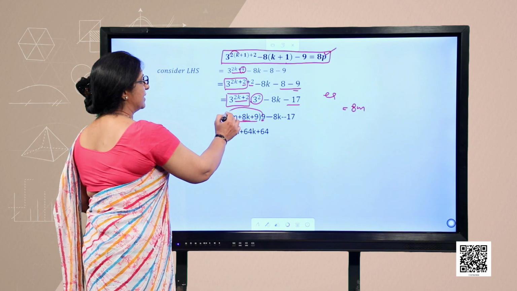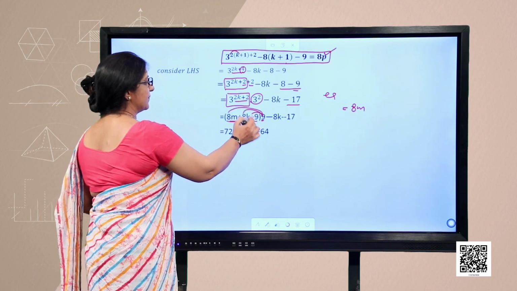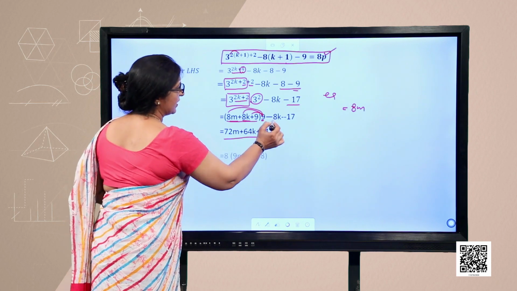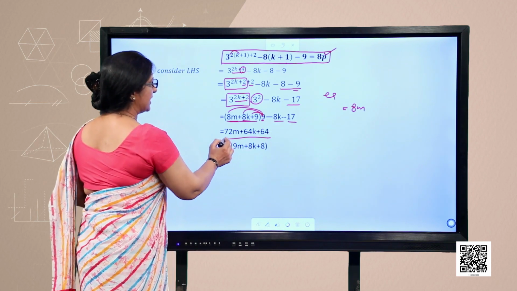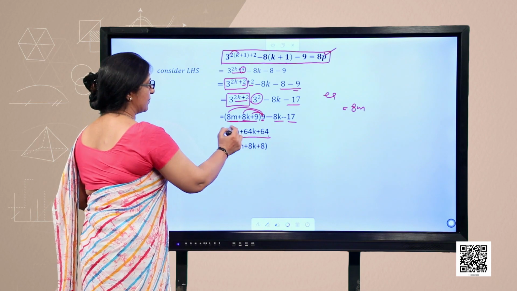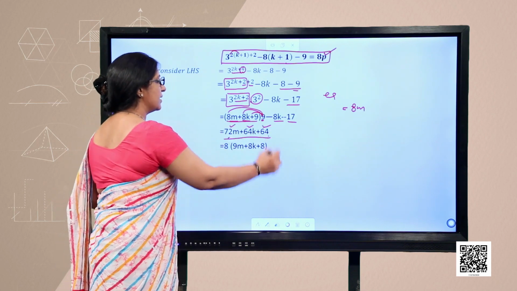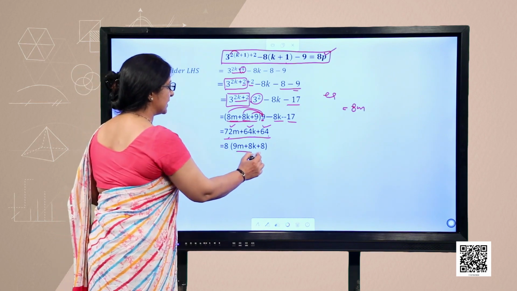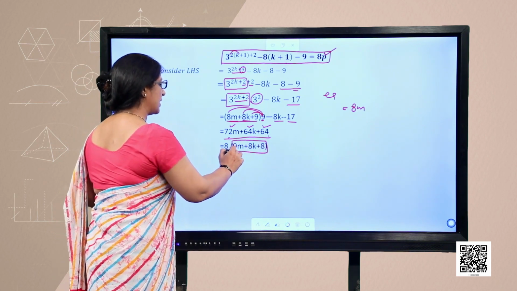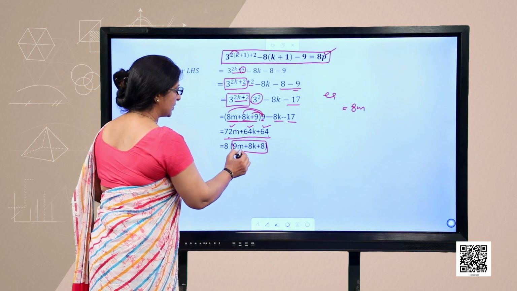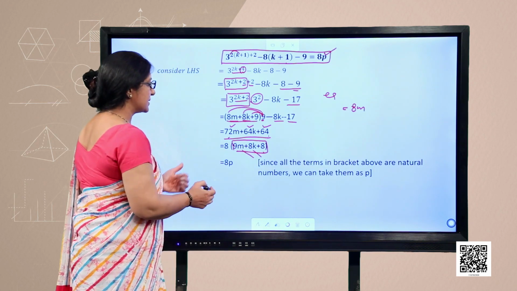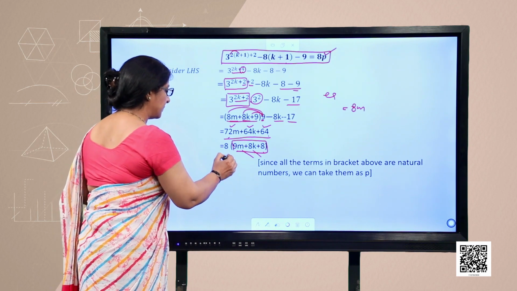We have multiplied each term by 9, we get this term, and solving this, we can easily take 8 outside because all these terms are multiple of 8. After taking 8 common, we are left with this. Now, since these all terms are positive numbers, we can replace them by some number p.